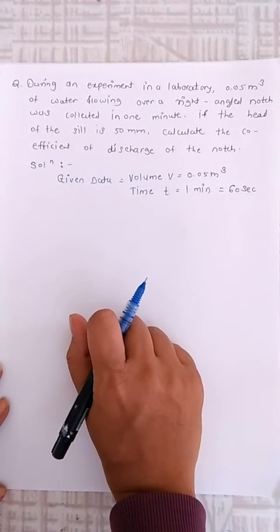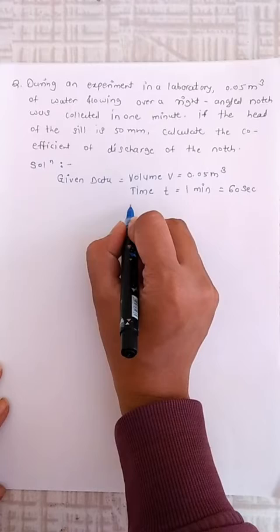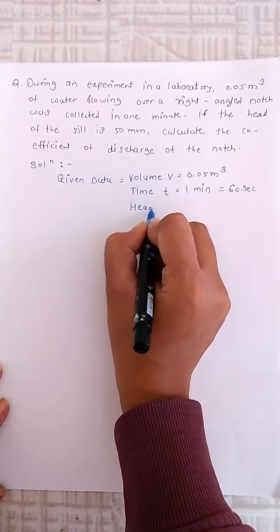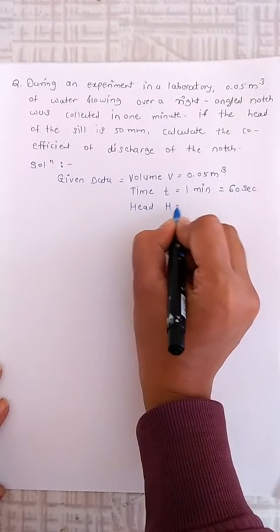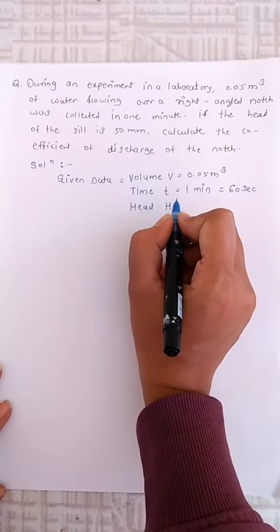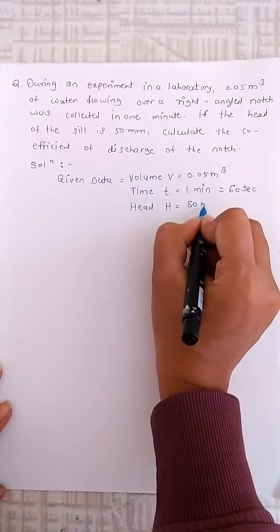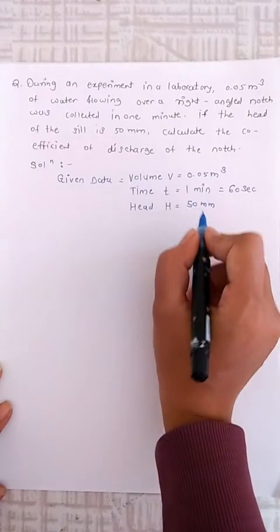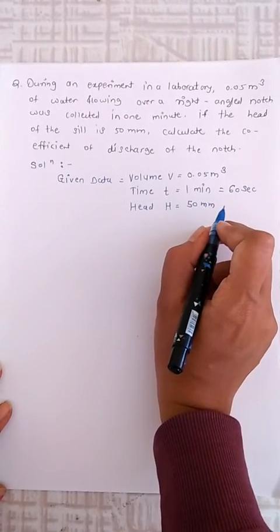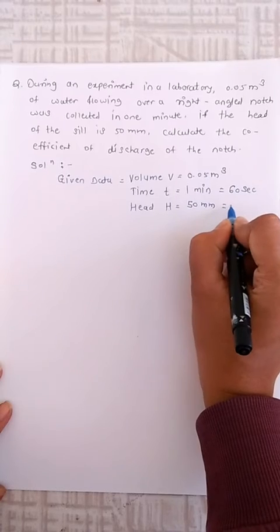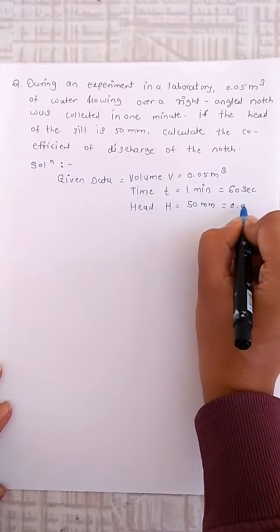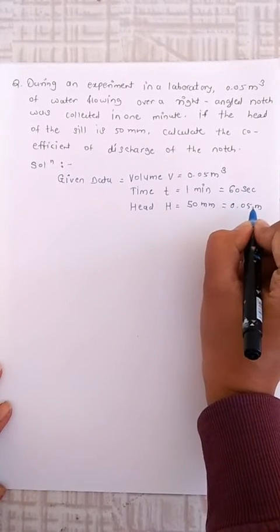Next, the given head, that is capital H, is equal to 50 mm. Again we convert this 50 mm into meter, that is 0.05 meter.